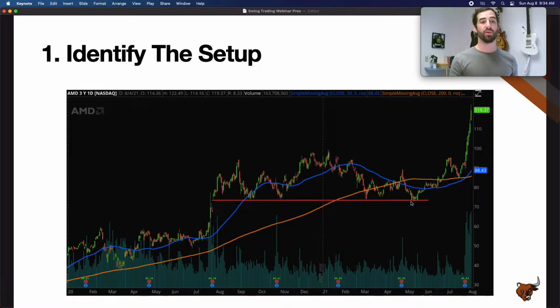And lo and behold, we got the breakout, or the run, a nice run afterwards. Okay, and we actually took this trade as well, and we're going to go over it at the end of the presentation. Okay, so again, by the time this is trading over here, I'm already aware that this, let's say 73 price level, is really important in this particular chart.